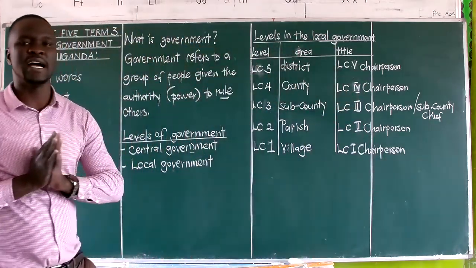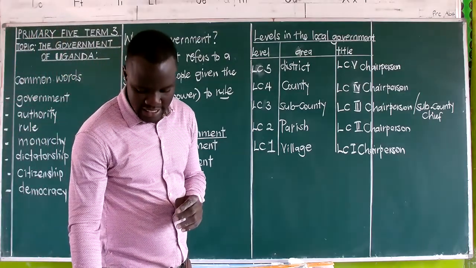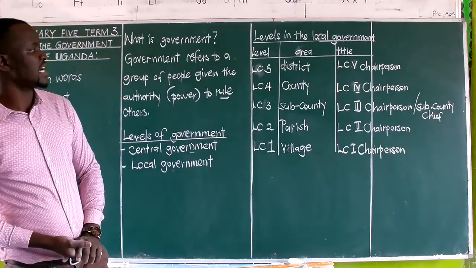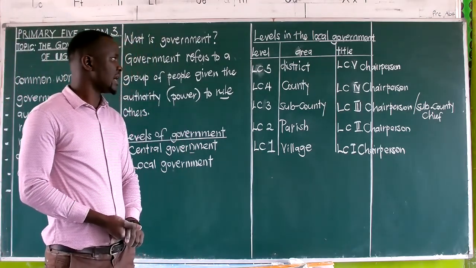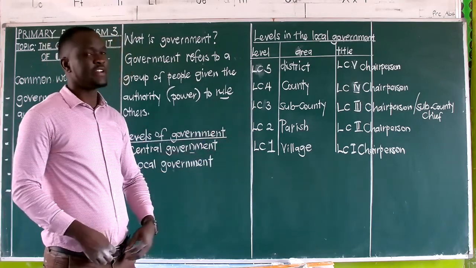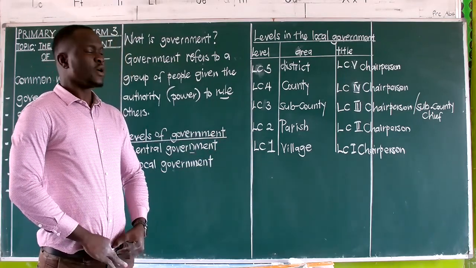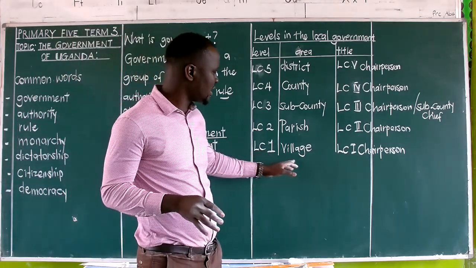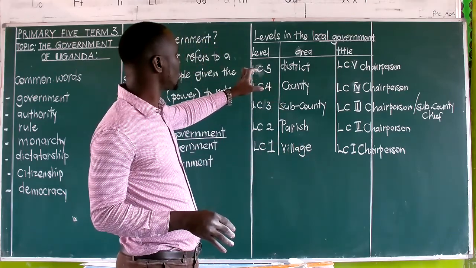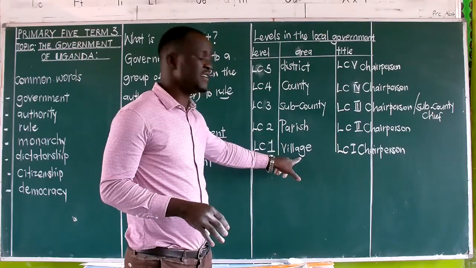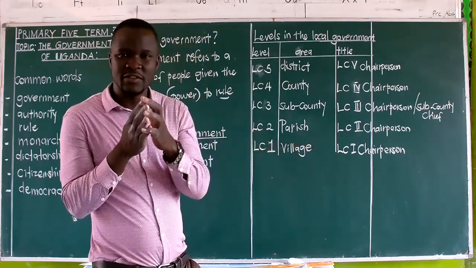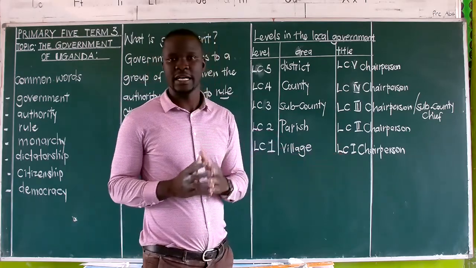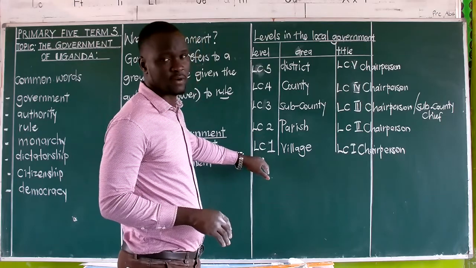So for that we shall have understood what is on that table. Those are the labels that we have at the local government, or that is the setup of the local government. We shall need to understand that the smallest administrative unit is the village, which is under the local council 1 chairperson, the LC1 level.